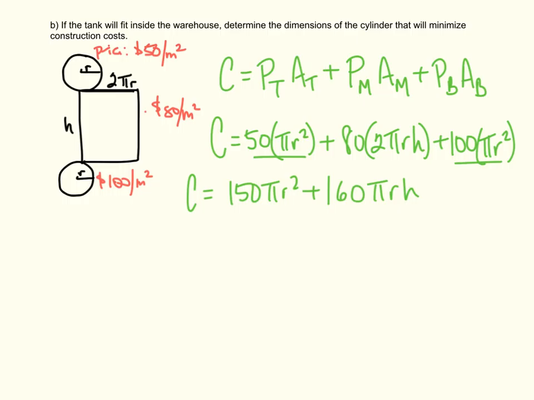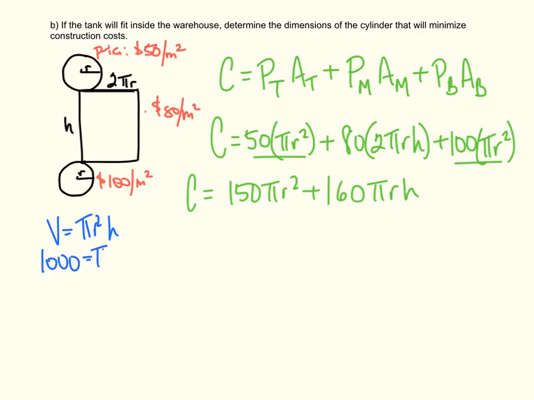And so we're going to use something from part A. We knew that the volume was equal to pi r squared h, and we knew that that was 1,000.